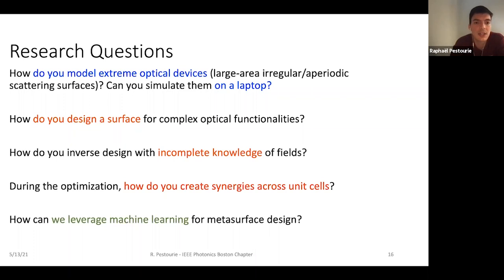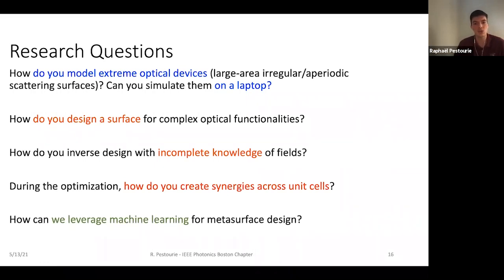And then how do you design a surface or an optical device for complex optical functionalities? So when you have more than just one requirement, how do you do inverse design when you have incomplete knowledge of the fields? You're lucky to know what the phase function is for a lens, but there might be some application where we have no idea what the phase function is. So how do you do then?